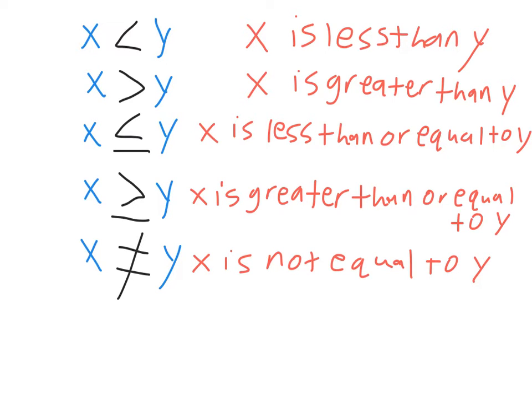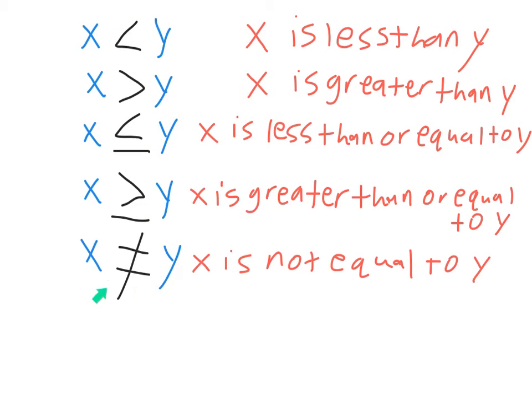Alright? These two, x can be some number that's less than y, but it can also be equal to y. And same thing backwards, y is greater than x or equal to x. This one, x is greater than or equal to y, or the other way, y is less than or equal to x.